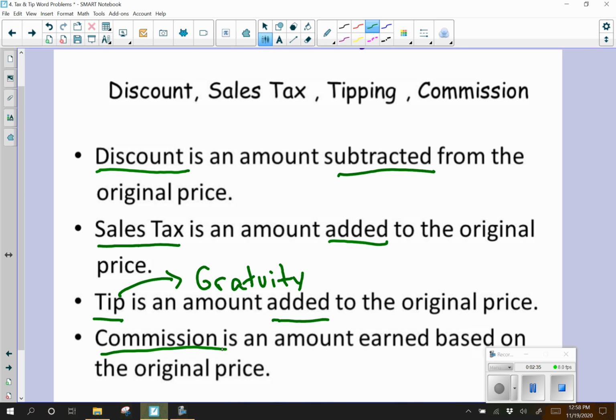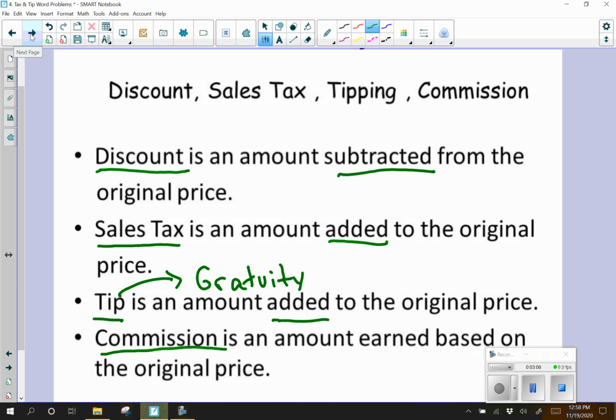If you've ever gone to a furniture store with your parents, somebody usually approaches you once you walk into the store because they work on commission, which means if they sell you anything, if you purchase something and they were the salesperson to help you, they're going to earn some money, a percentage of whatever you bought. So that's what a commission is. A lot of times real estate people work off commission. So they might sell a house and earn a 2.5% commission on that house. So that's what a commission is.